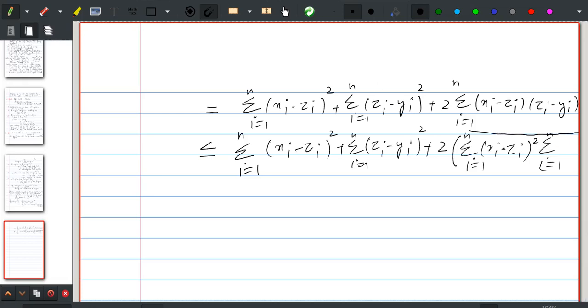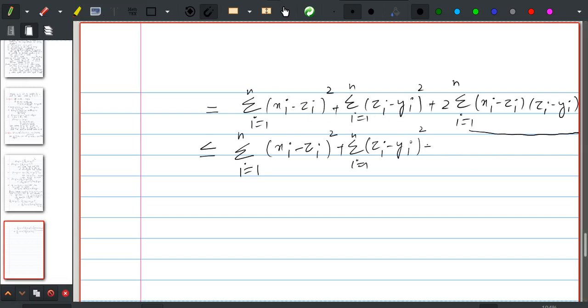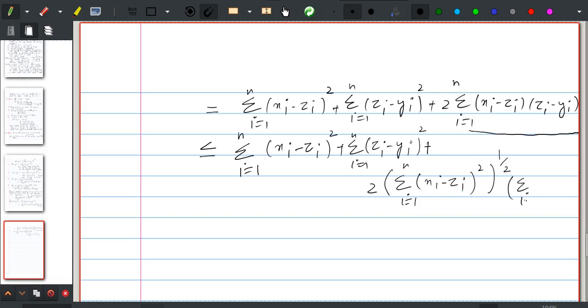So let us write over here plus 2 times sigma i runs from 1 to n (xi minus zi) square power 1 over 2, sigma i runs from 1 to n (zi minus yi) square power 1 over 2.